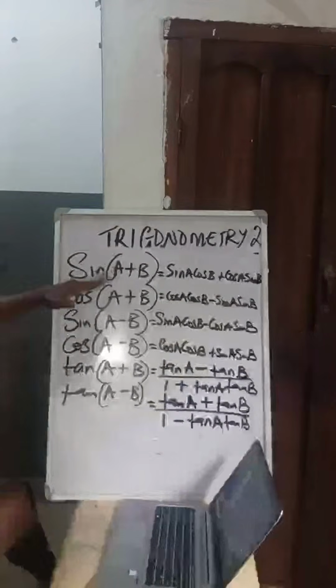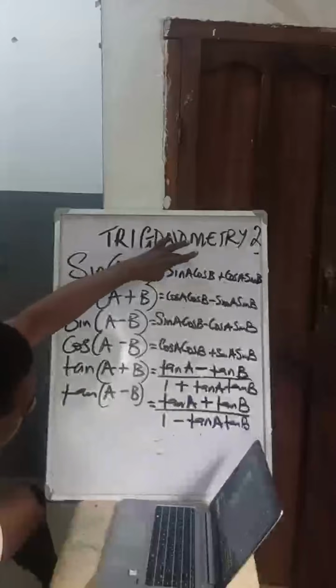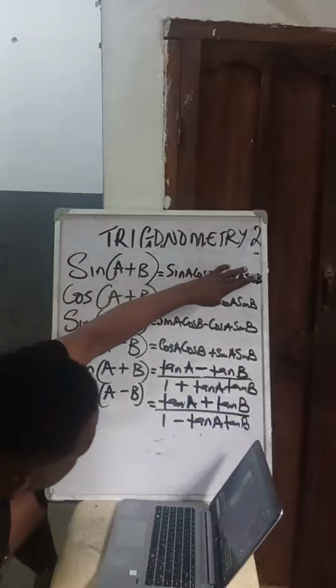Addition of two angles formula. Sine A plus B is equal to sine A cos B plus cos A sine B.